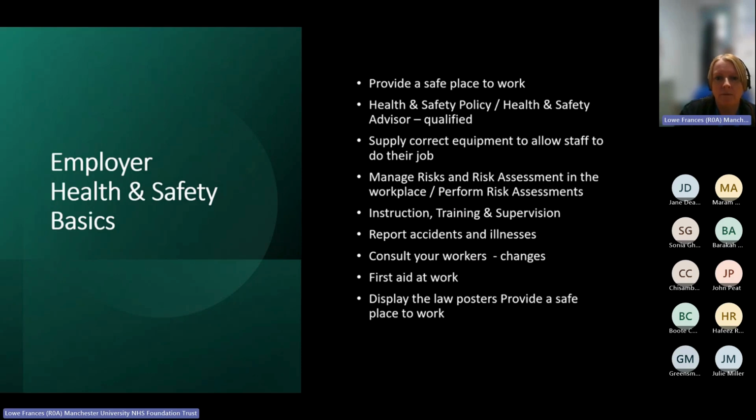They should provide a health and safety policy that must be followed by all staff. They need to prevent risks to health by carrying out risk assessments, ensure that equipment is PAT tested and maintained and serviced so that there's no risk of injury or harm.